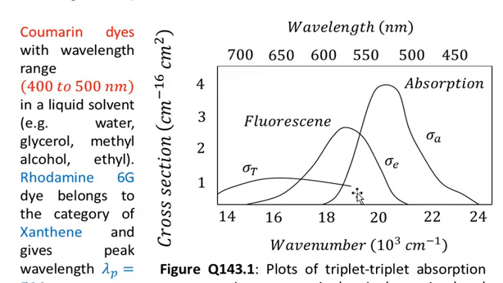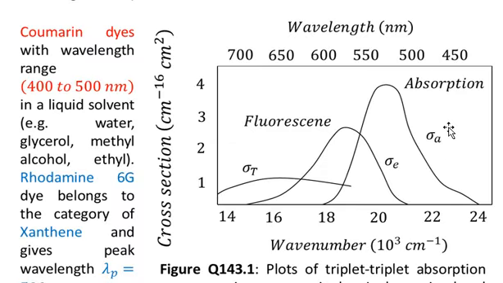So there are 3 plots. One is the plot that corresponds to sigma T, and sigma T is the absorption cross section of the triplet transition. Sigma E is the stimulated emission cross section for the singlet transition, which we also refer to as the fluorescence case.